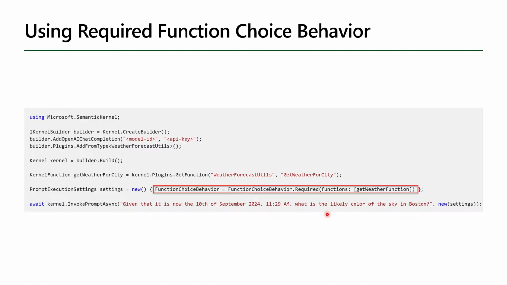For sure, the first function should be get city name, right? Otherwise, you cannot get weather information without the city name. So you know that city must be the first information that you need to collect from the user. That's why you are forcing the AI to call this get city function. It doesn't mean that after calling this function, it couldn't call others. Exactly, otherwise it will get into an infinite loop.